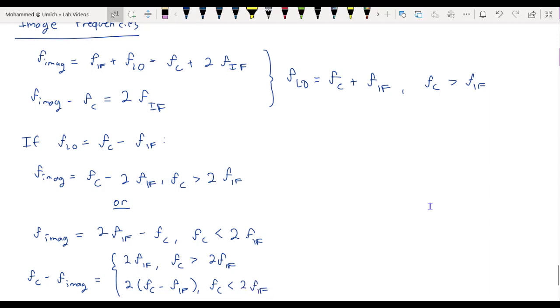So from this, we conclude that when Fc is greater than FIF and the local oscillator frequency is Fc plus FIF, then the IF filter can't separate two AM stations whose carrier frequencies differ by 2 FIF. And when the local oscillator frequency is Fc minus FIF, then the separation between the desired and the image stations could either be 2 times FIF or even less, 2 times Fc minus FIF.